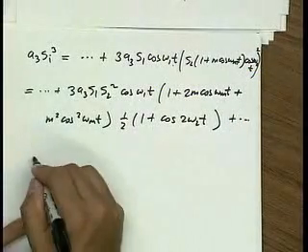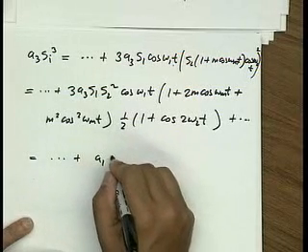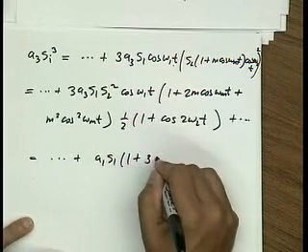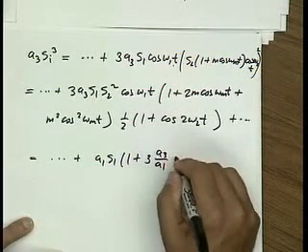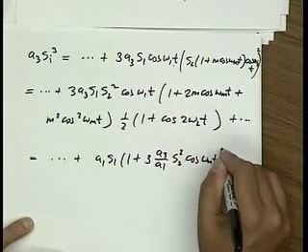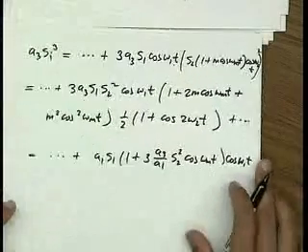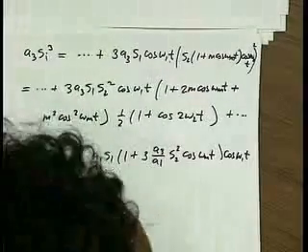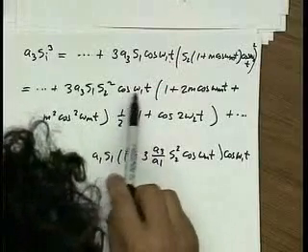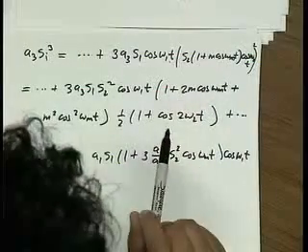And so now we're going to group the relevant terms, and we'll see a1 s1 times 1 plus 3 a3 over a1 s2 squared cosine omega mt times cosine omega 1t. Okay, so looking here, we can see that I have this fundamental being multiplied by 1 plus this modulation term.